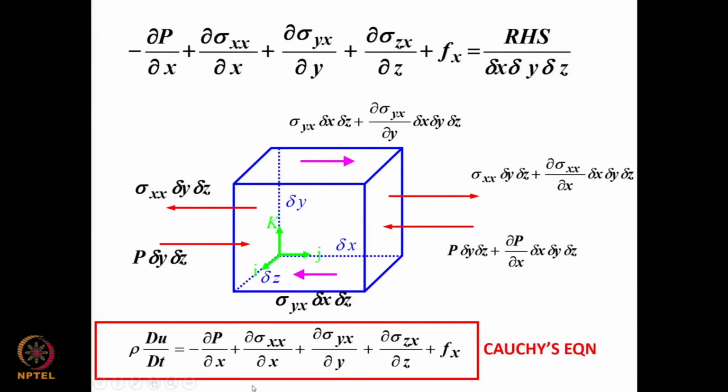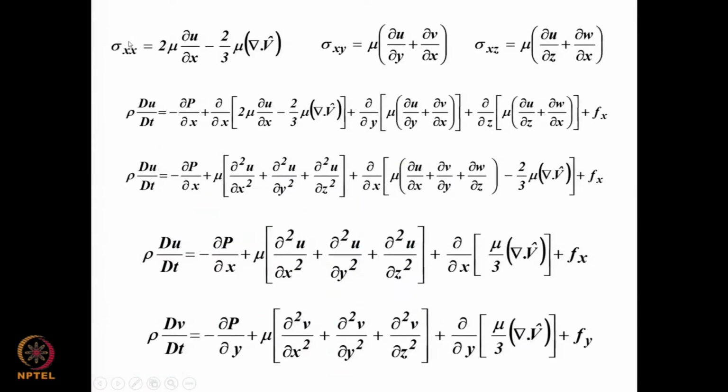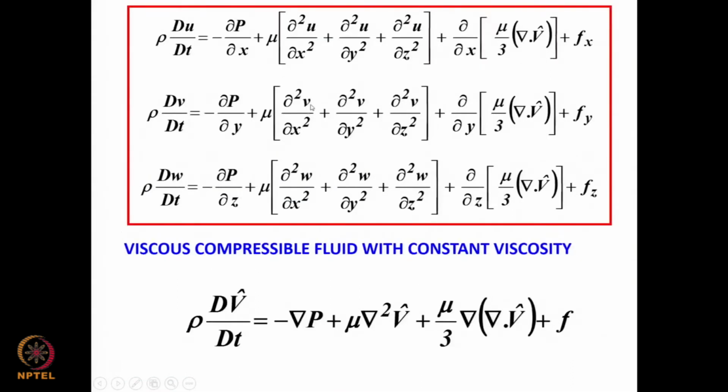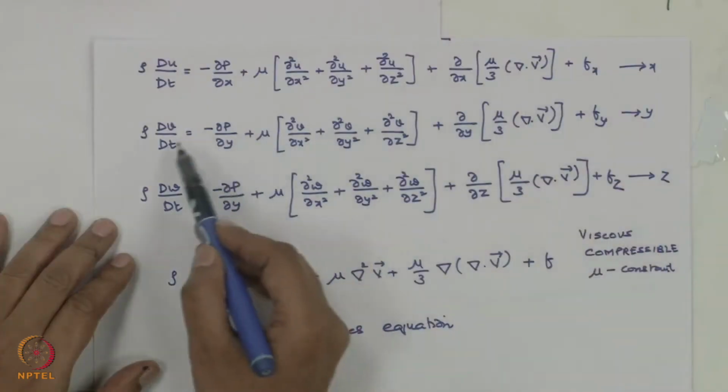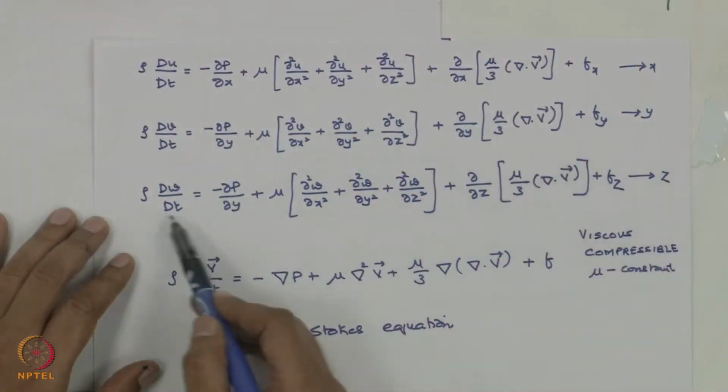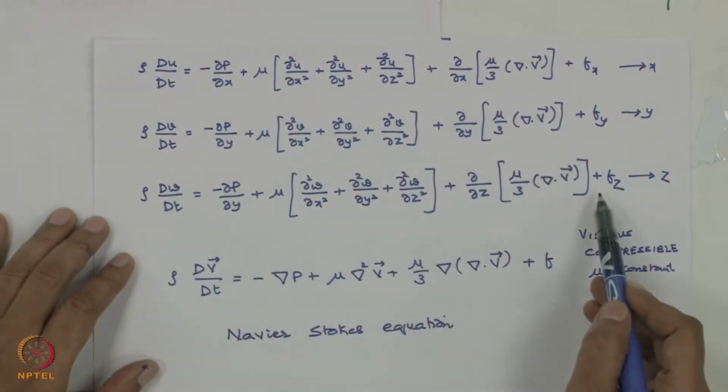We got Cauchy's equation and substituted for sigma xx, sigma xy, sigma xz in terms of velocity gradients, and we got these three equations. This is the x momentum equation, this is the y momentum equation, and this is the z momentum equation.